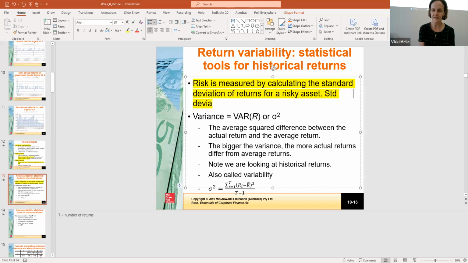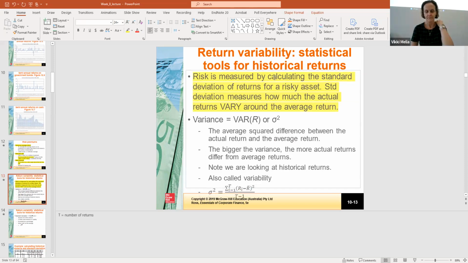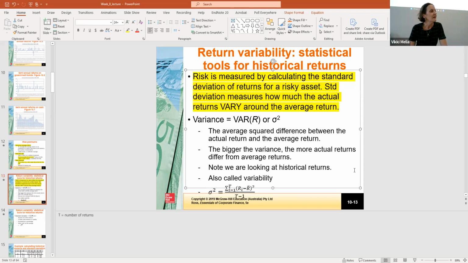Let's shorten it: standard deviation. So we're actually going to look at calculating this standard deviation because that's how we measure risk.